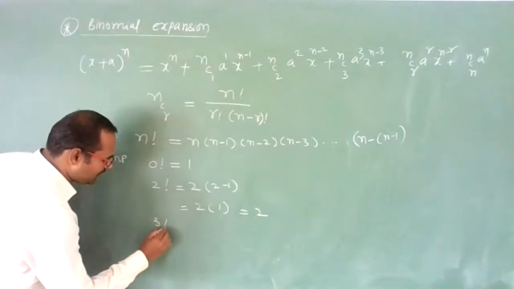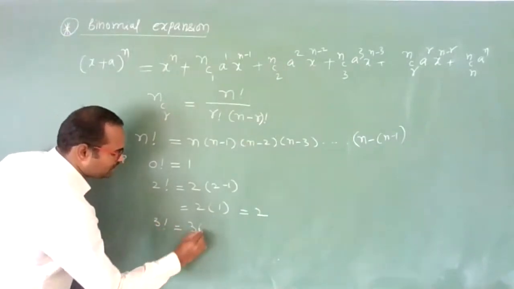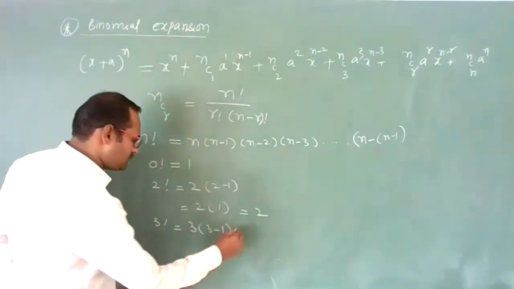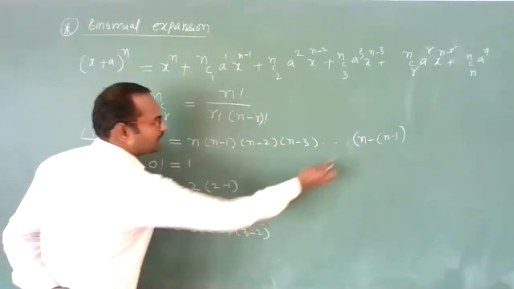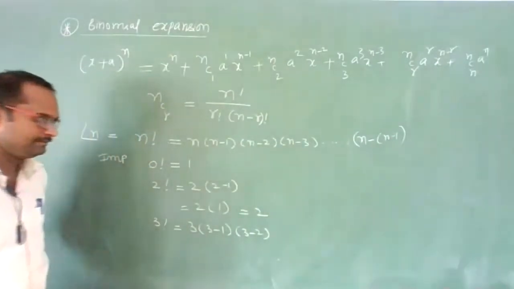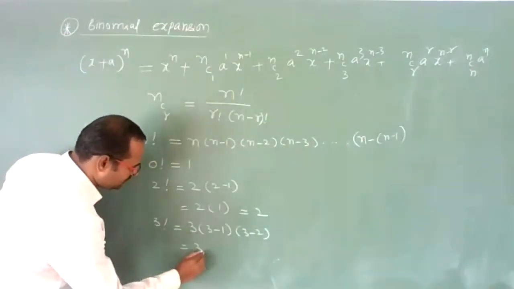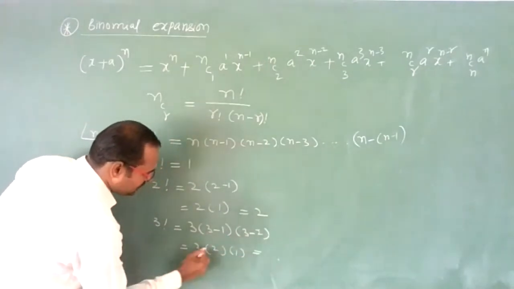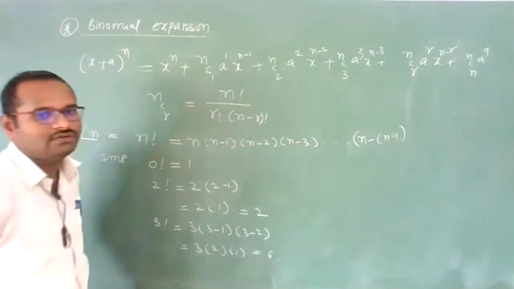If you want the 3 factorial value, what you can write? 3 into 3 minus 1 into 3 minus 2, only up to here you should write. It will be 3 into 2 into 1, which is 6. 3 factorial value is 6.